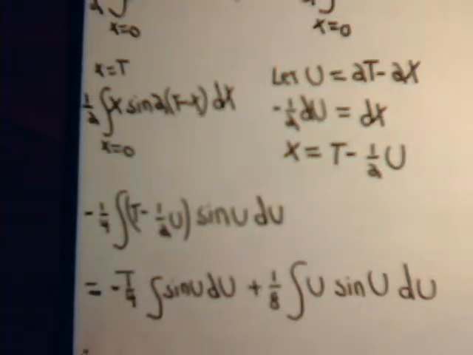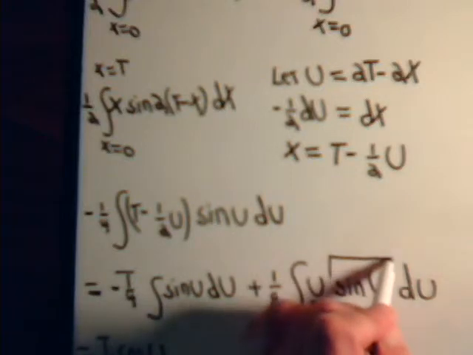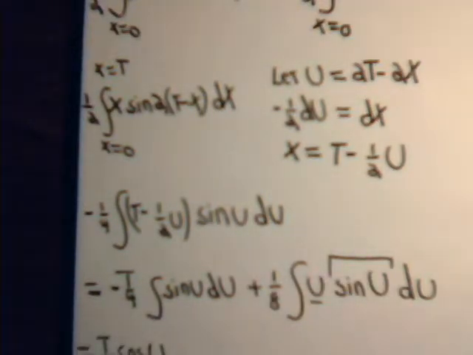Here we have a minus sign out here, so this will give us t over 4 times the cosine of u. And then this integral, u times the sine of u, that's all set up to integrate by parts. Remember that from elementary calculus.